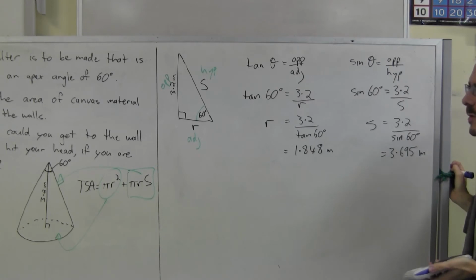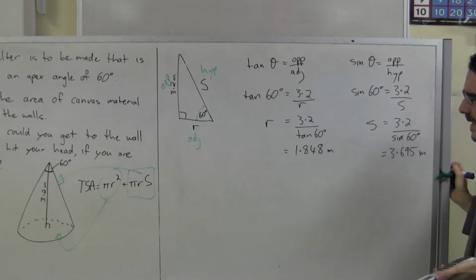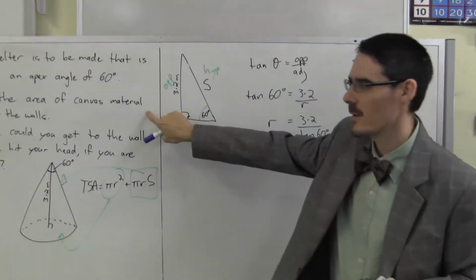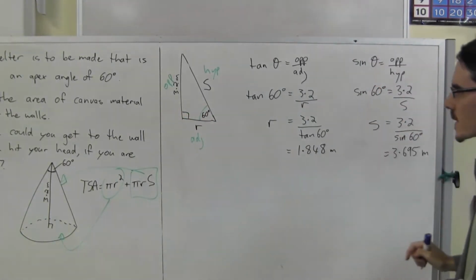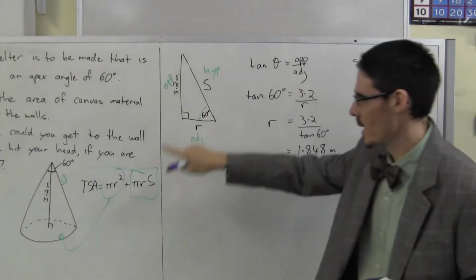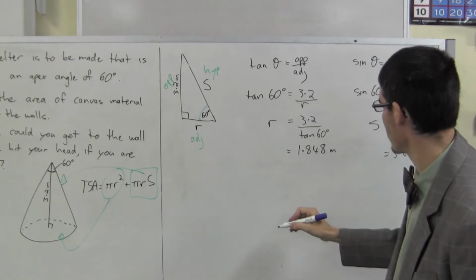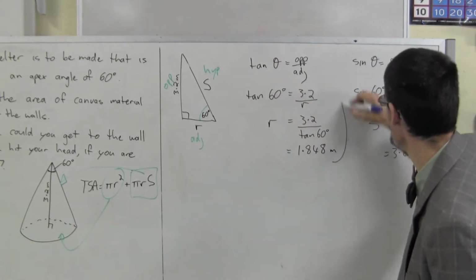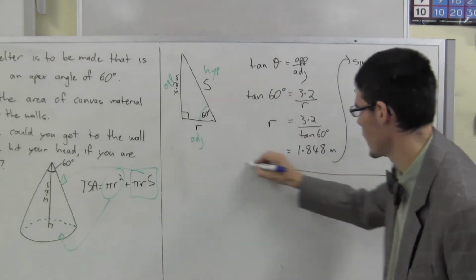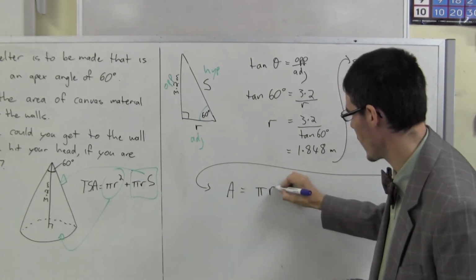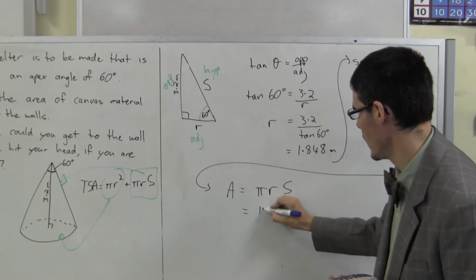Okay, what was I asked to find again? I've done all these calculations and I've forgotten. I had to find the area of canvas material needed for the walls, which I was going to do using this part of my formula. So area is pi rs.